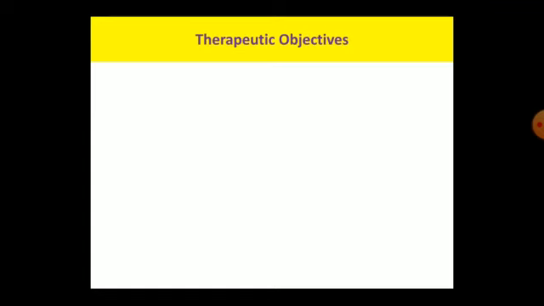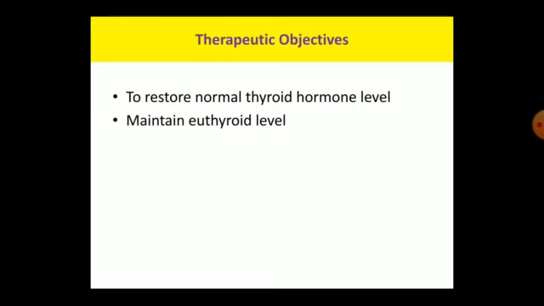Now, therapeutic objectives. What are the therapeutic objectives? First and foremost, we have to restore the thyroid hormone level to normal, and not only that, we have to maintain that euthyroid state continuously, lifelong.